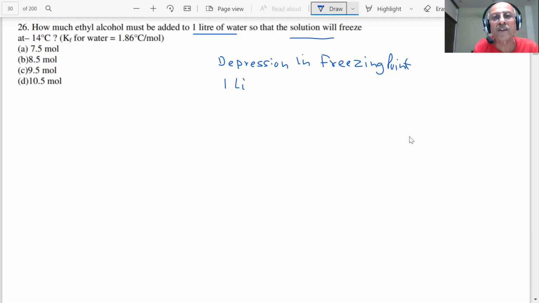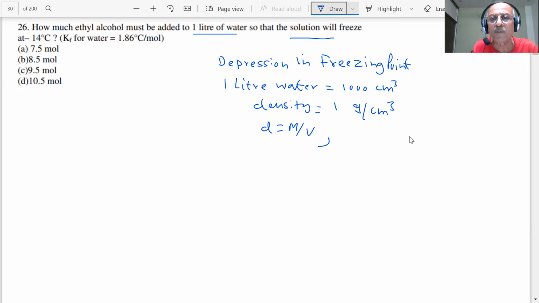You have 1 liter of water, which is equal to 1000 centimeter cube, and you also know the density of water is 1 gram per centimeter cube. Density is mass per unit volume, so mass is density into volume.